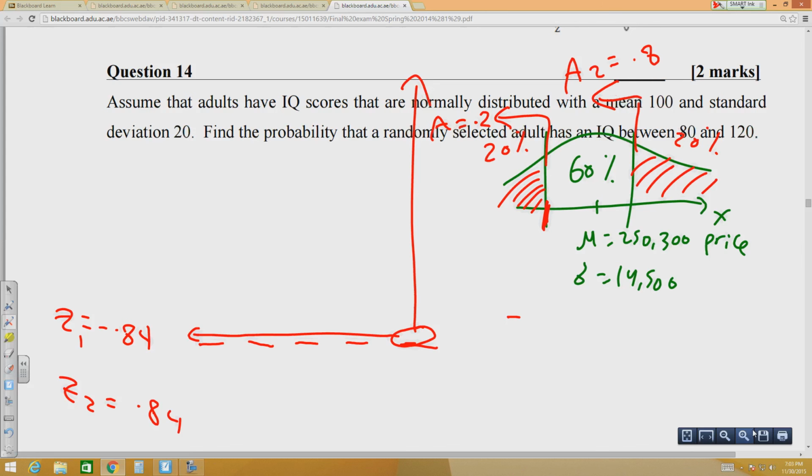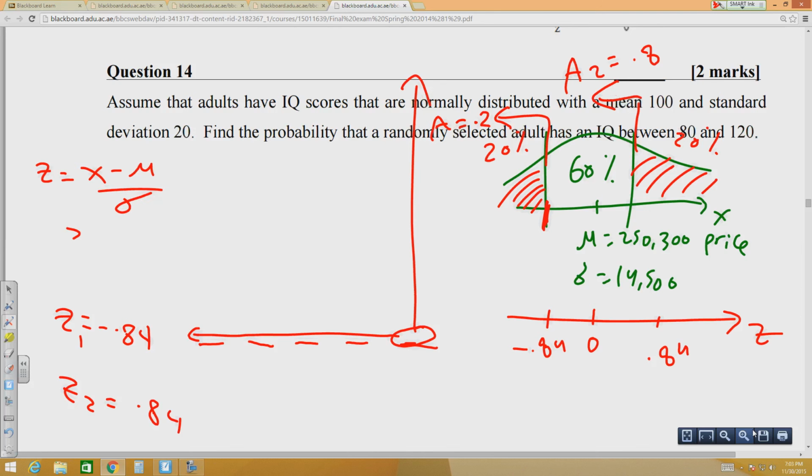This is exactly in the middle, so Z will be 0 here for the standard score. If the value here is minus 0.84, for sure this is 0.84, because there's symmetry from the beginning. Otherwise, something is wrong, so you can double check that. So I got Z1 and Z2. The next step, of course, is to get X1 and X2. Again, remember the formula: Z equals X minus mu over sigma.